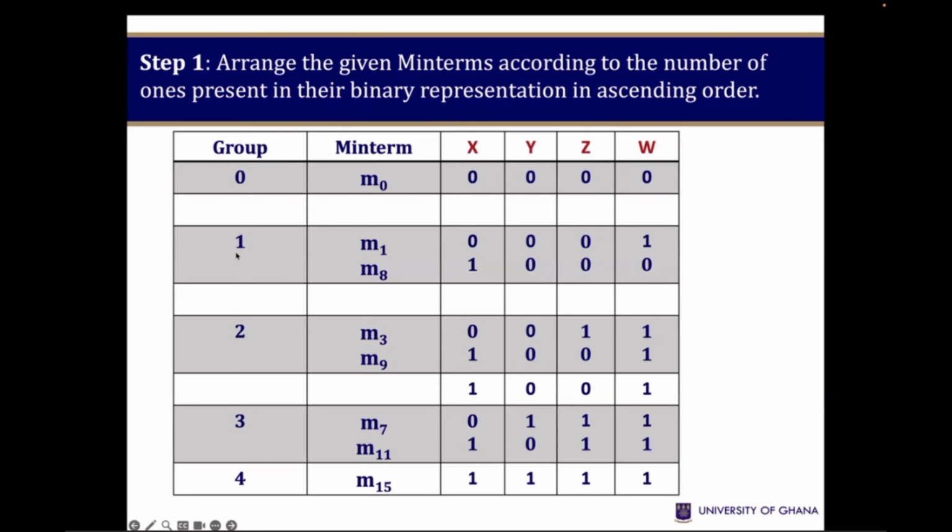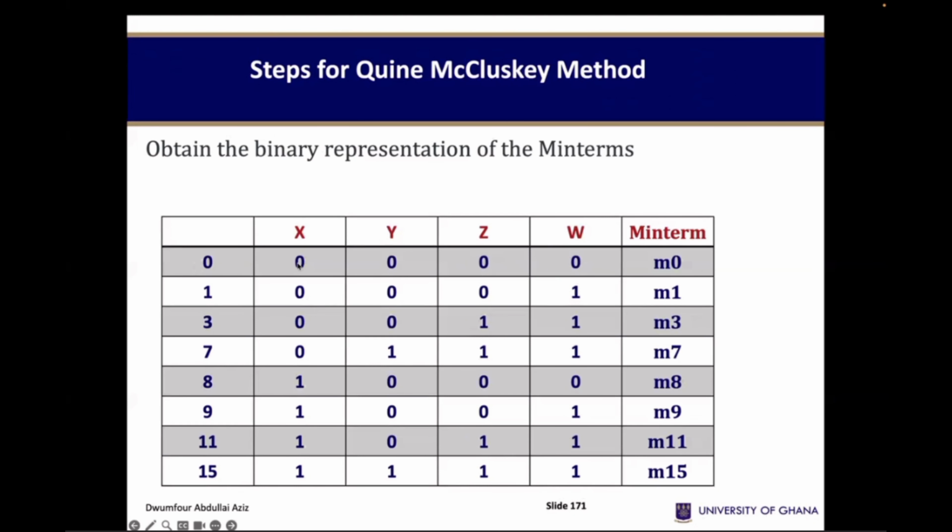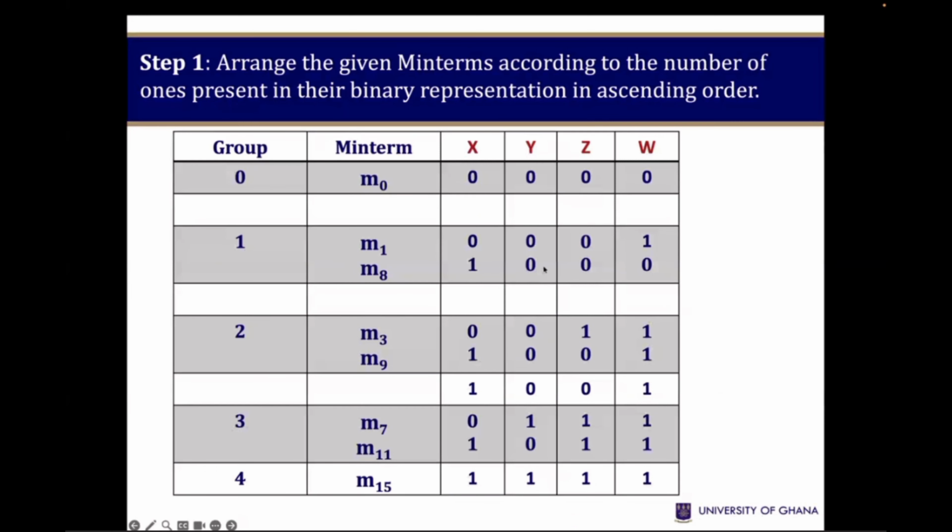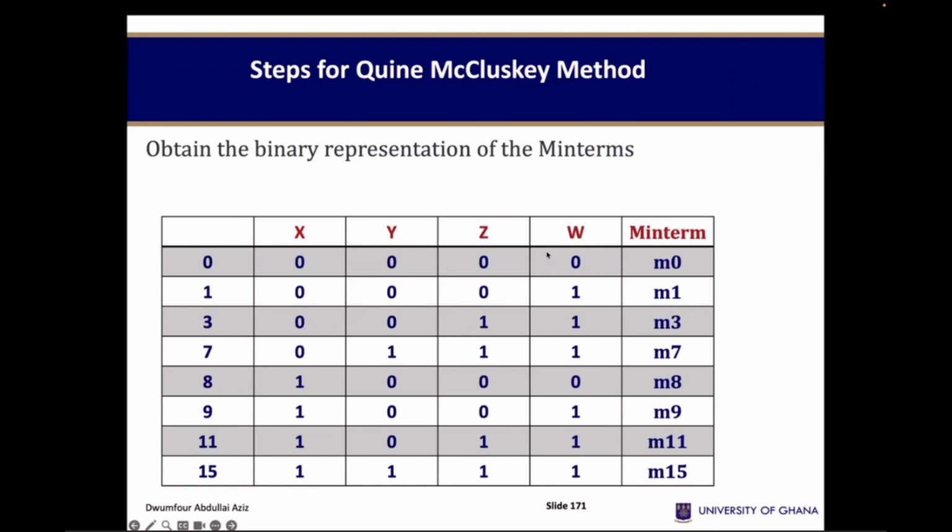How many of the minterms have only a single one? M1 and M8. M1 has a single one, and M8 also has a single one. Very good. Then we move on to group 2.